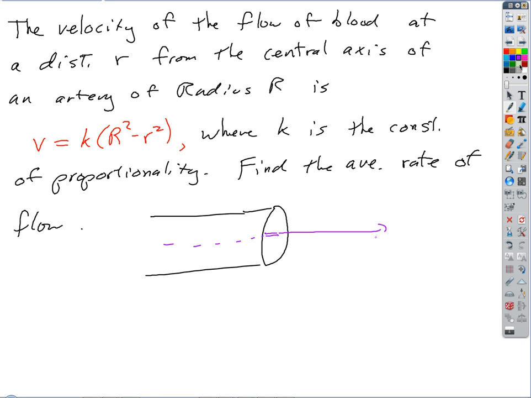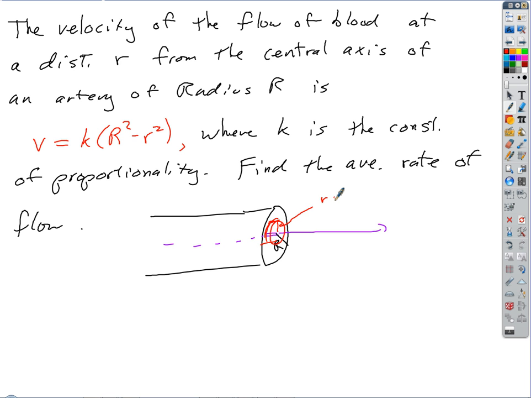So if we travel out some distance, by the way, the radius of the whole thing we're going to say is capital R, right? But if I travel out some distance, little r, there's going to be the layer of flow, right? So this is little r.